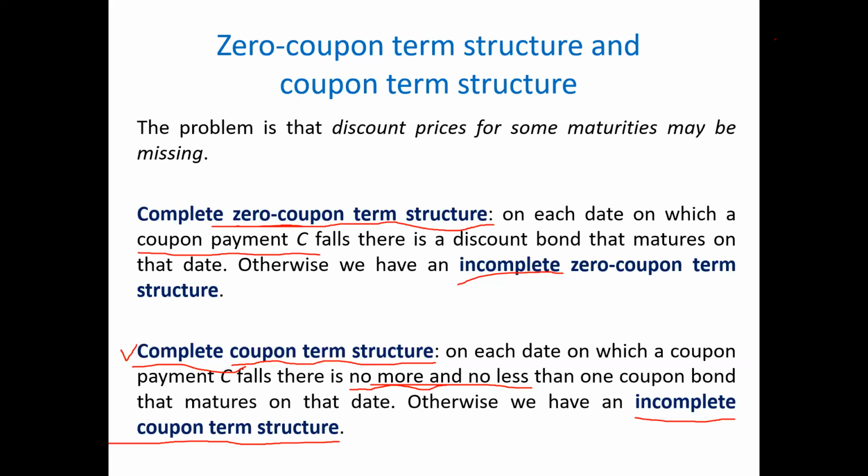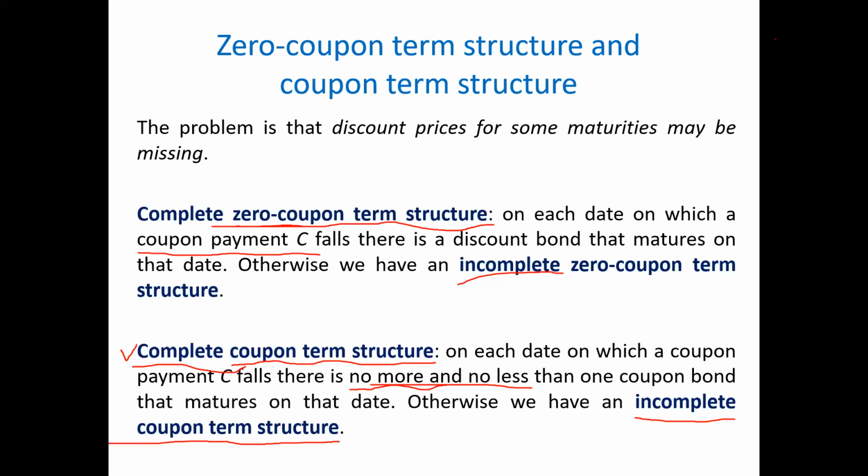It seems that in this case, we can say something like that. In the medium term, or probably up to, I don't know, 30 years, the UK zero coupon term structure is complete indeed, because there are lots of coupon bonds and most of them are stripped into discount bonds.